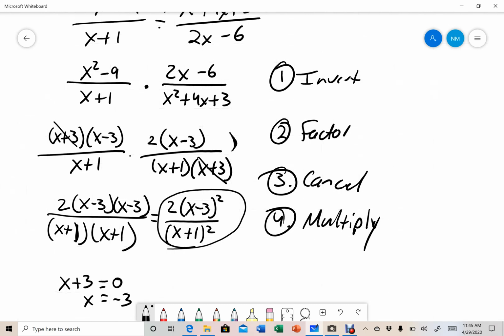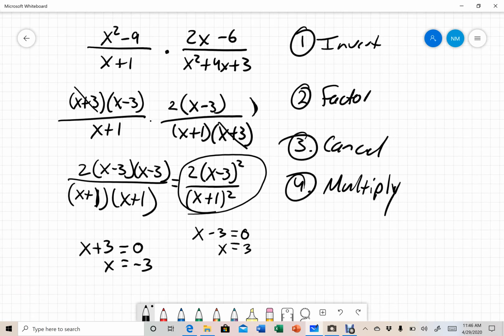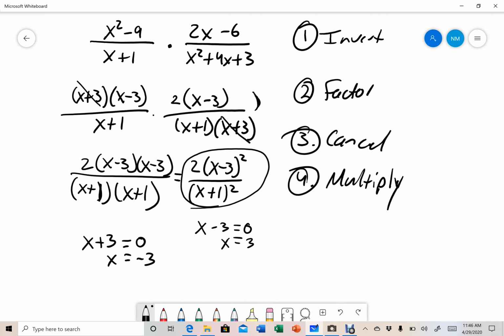So because it is no longer a denominator and it is not found in our final answer, I must also exclude x minus 3, okay? So hopefully you understood that. So I have to look at what my original denominator was, and then if that original denominator is not in our final answer, then I have to also exclude that from my domain.